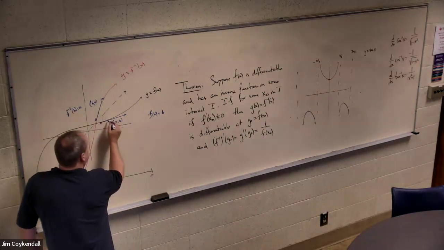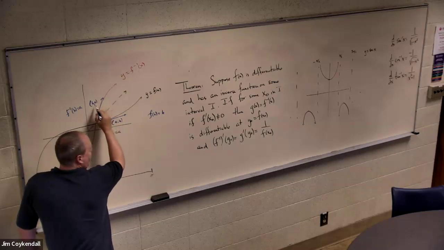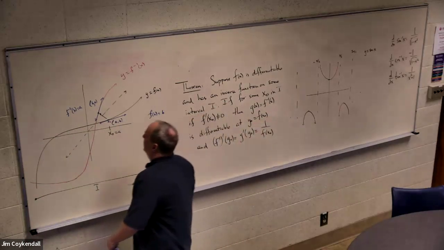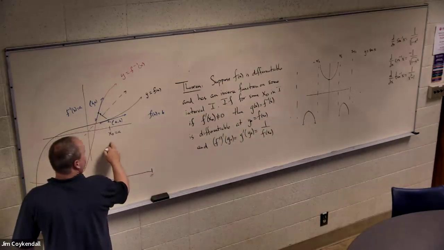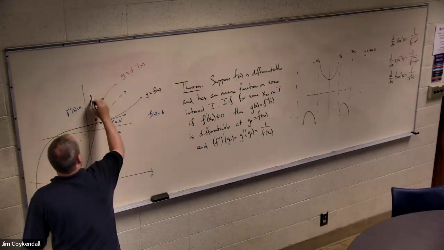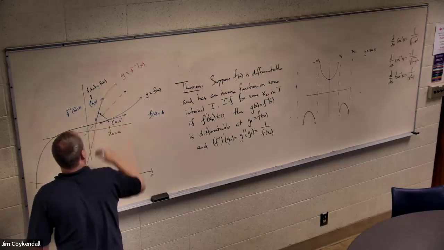That's what it says. If the function here is differentiable and it's not zero, then at the mirror point right here, y is f of x zero, so f of x zero is f of a.